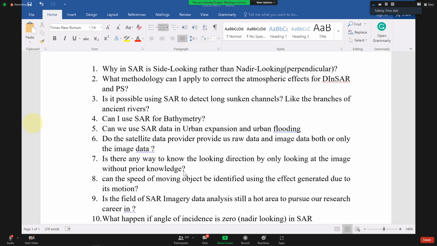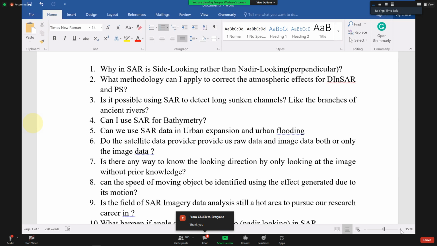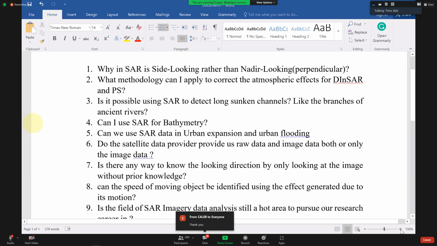What methodology can I apply to correct the atmospheric effects for InSAR and PS? Right, so that is basically the same as what I just showed for SAR geodesy. You can use the numerical weather models that are available and try to correct the effects for InSAR.